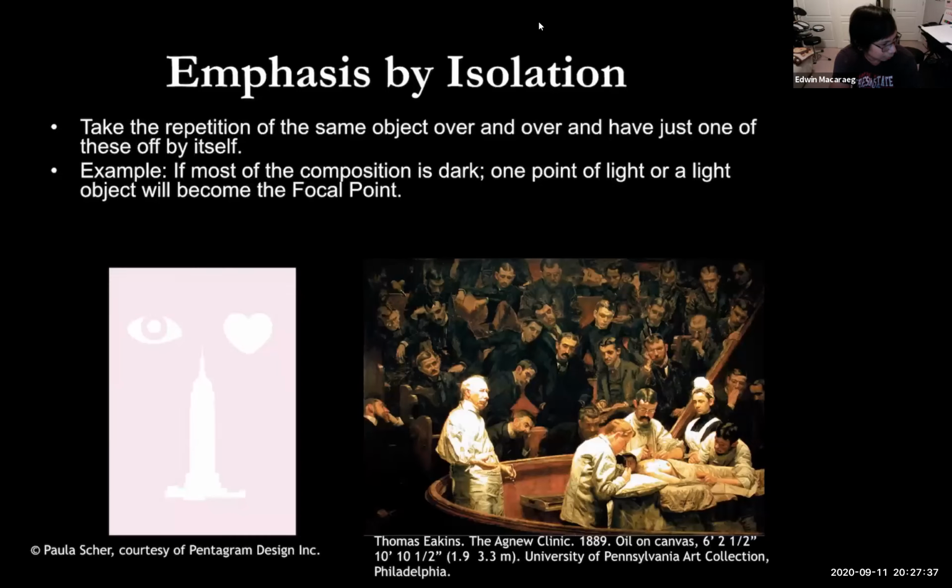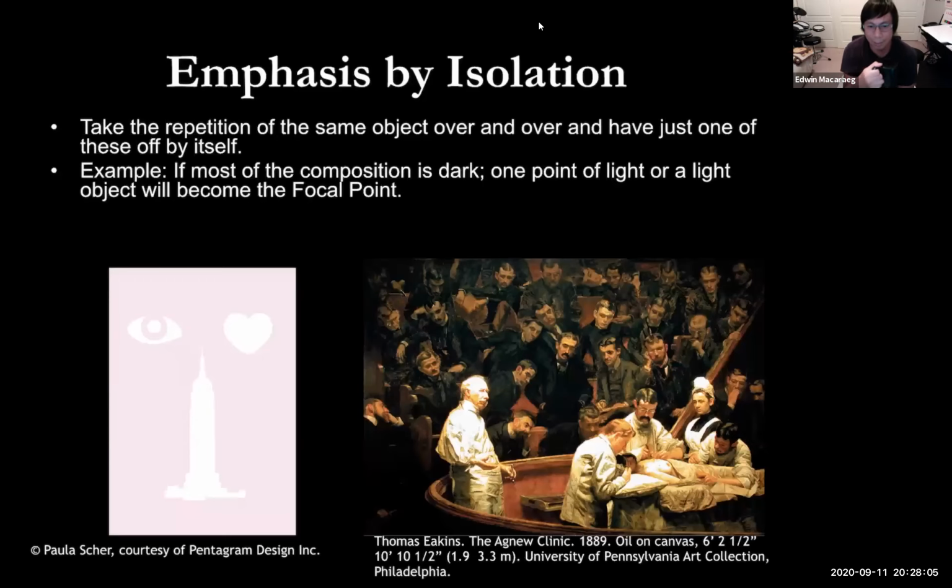There seems to be a focal point in that, and to me, it's more about the center image, that it feels very isolated in comparison to the eye and the heart that is relatively above the object. The change in shape causes the Empire State Building, it looks like, to be isolated, to be emphasized.